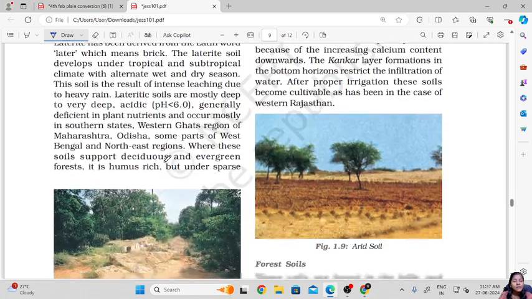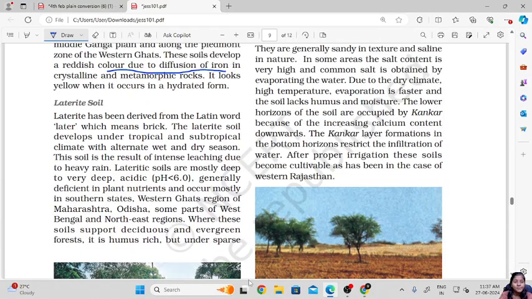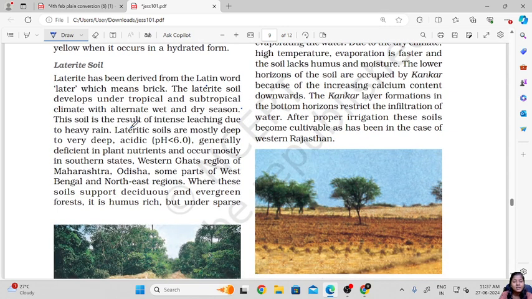Then we move to the laterite soil. Laterite has been derived from the Latin word later, which means brick. Laterite soil develops under tropical and subtropical climate with alternate wet and dry seasons. This soil is a result of intense leaching due to heavy rain.